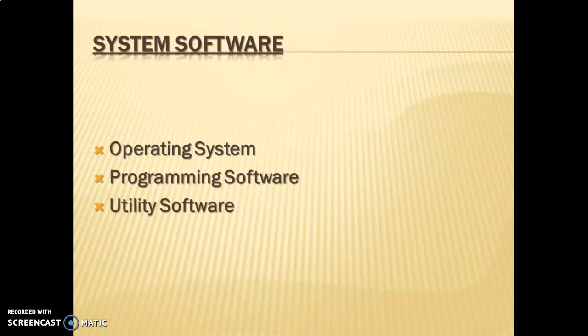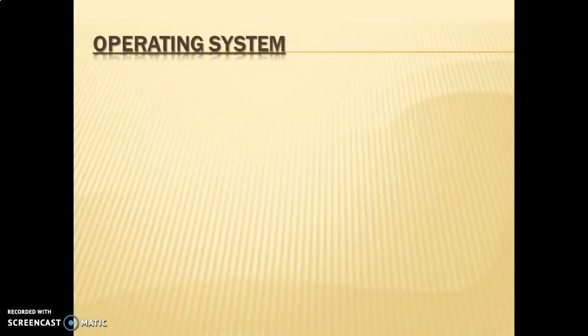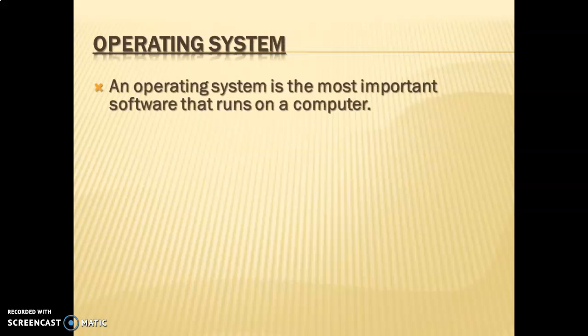What is an operating system? Let's see. Operating system, it is the most important software that runs on a computer. If there is no operating system, your computer will not work.